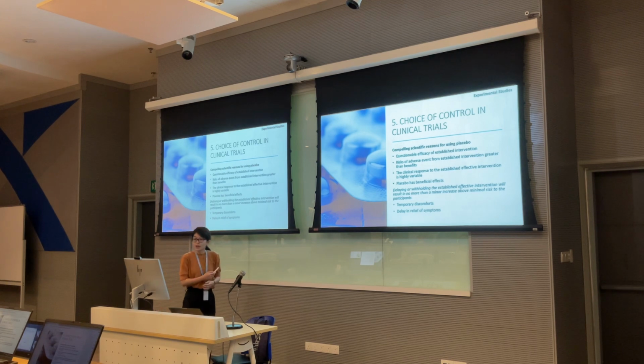So if you have a clinical trial that includes a placebo, you have to make sure that either there is an established intervention, or there is no current intervention. It is not that you don't want to give the medicine; we have no option to give. But you can choose to include your placebo and not give the intervention if the established intervention has questionable efficacy.